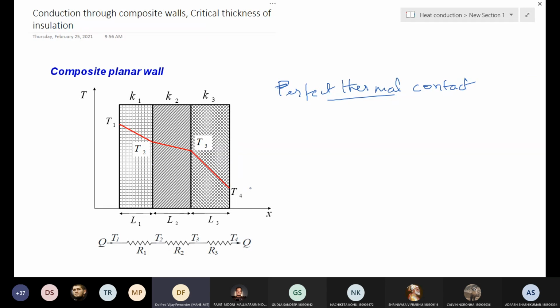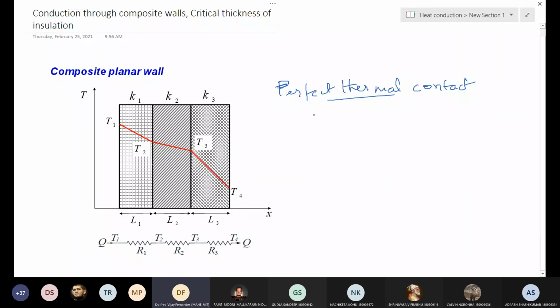Tell me which one is the highest thermal conductivity among K1, K2, K3. If I write the largest value first, which one should I write? K3. K3 is the largest thermal conductivity.